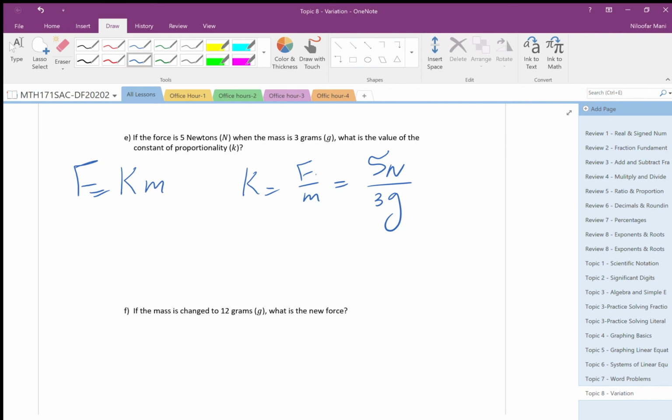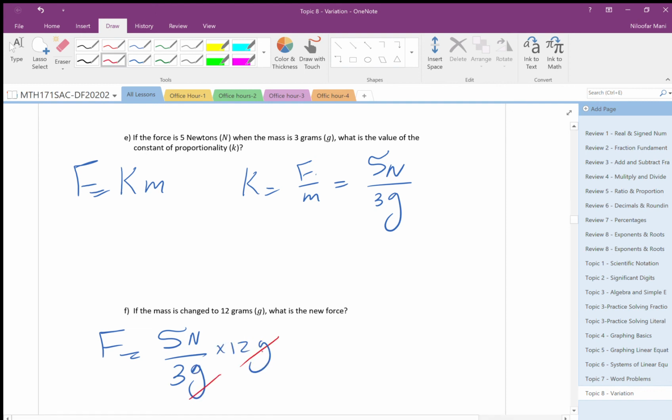So if the mass is changed to 12 gram, what is the force? How can I find it? Oh, now I know K. Look at this. I have F equal 5 Newton per 3 gram multiplied by 12 gram.